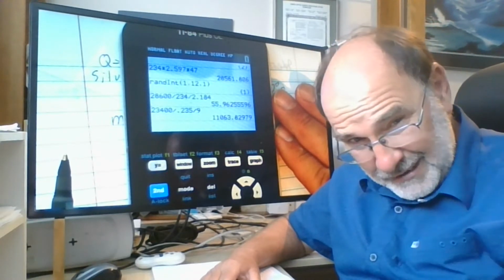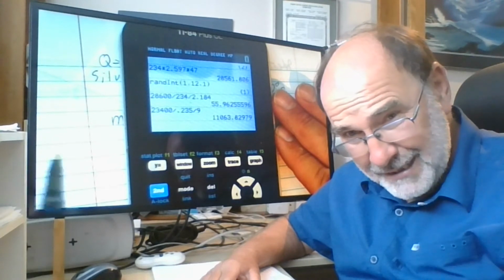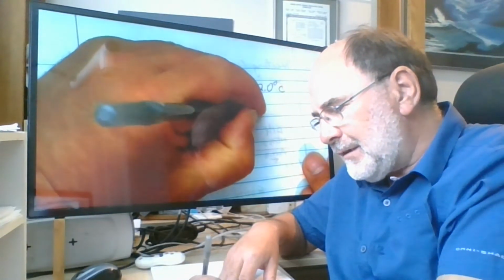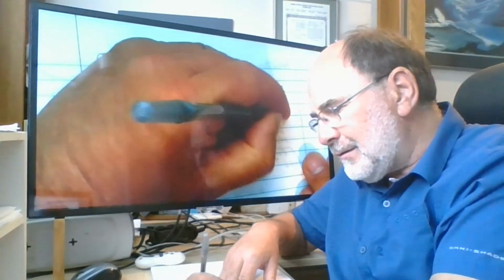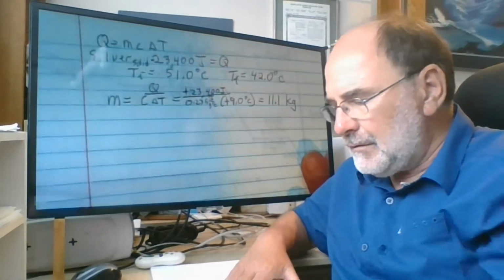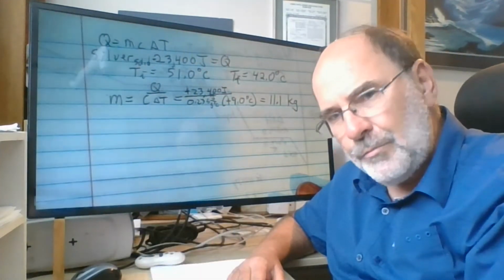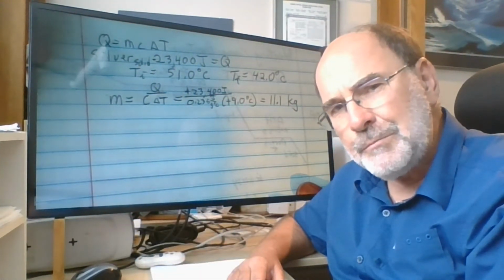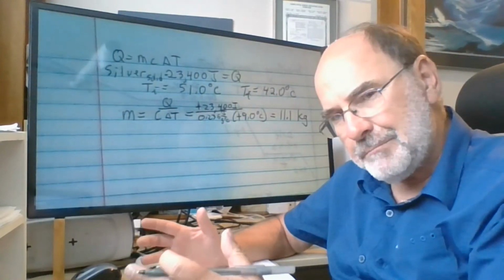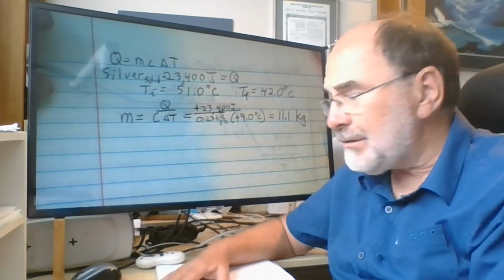This is 11.1 kilograms. That is a huge chunk of silver. 11.1 kilograms is well above 22 pounds of this stuff. So it's a silver bar. All right, so much for that example.